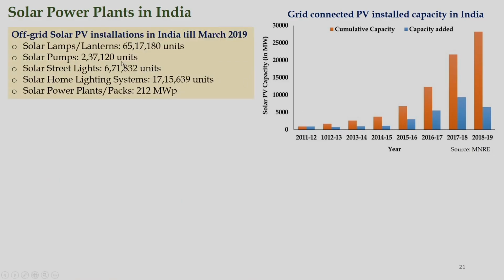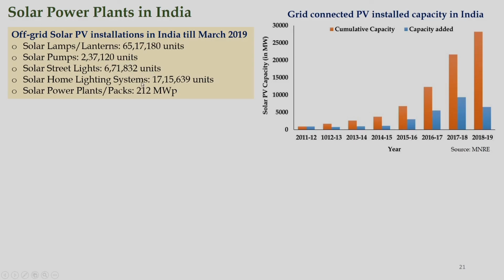And as you can see, for off grid solar PV installations in India till March 2019, solar lanterns installed are about 65 lakhs 17,180 units. Then solar pumps, which are encouraged by the government, are about 2 lakhs 37,120 units. Solar street lights are 6 lakhs 71,832 units.